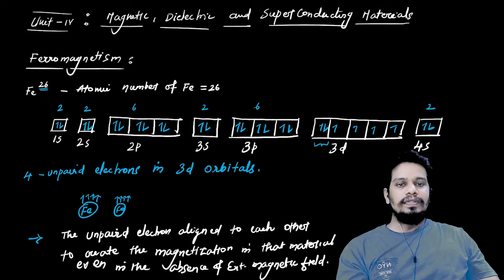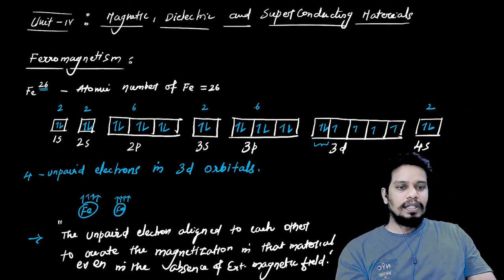This material is called ferromagnetic material. This is a short definition for the ferromagnetic material.